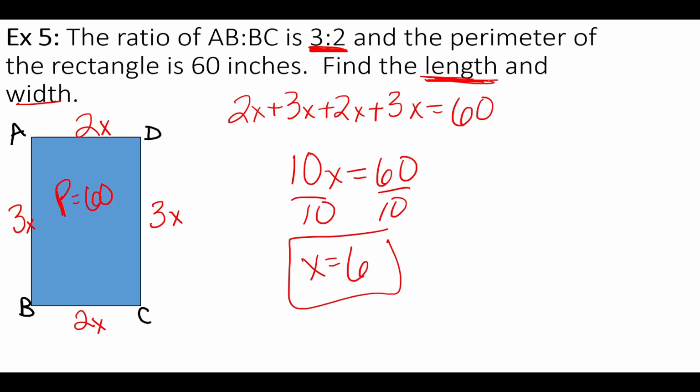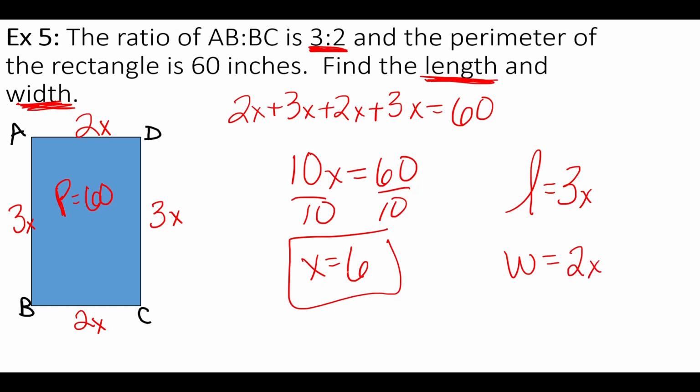That's not really what they wanted us to find, though. They want us to find the length and the width. So x is going to help us find the true length and the true width. I guess it didn't specify which side was length and width, but I'll say length is the 3x, or the longer side, and the width is 2x.